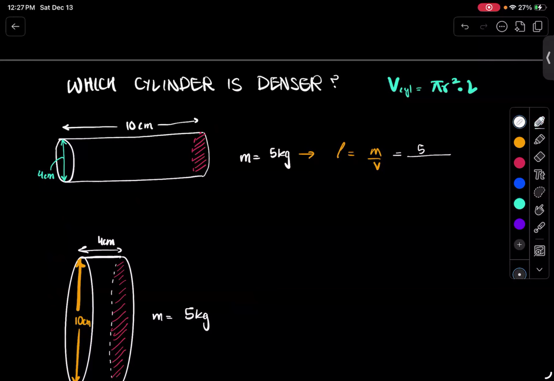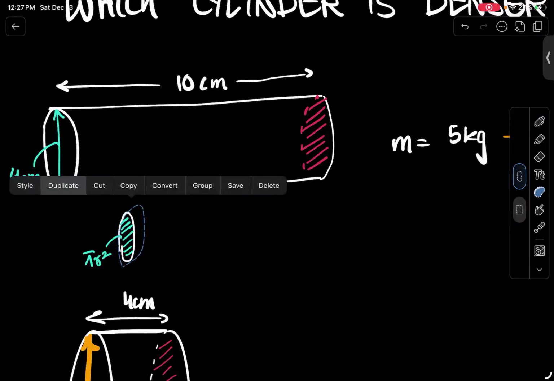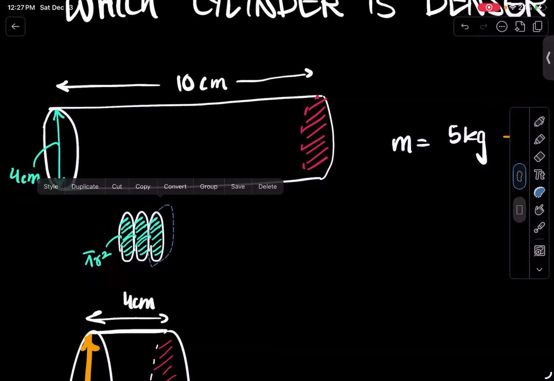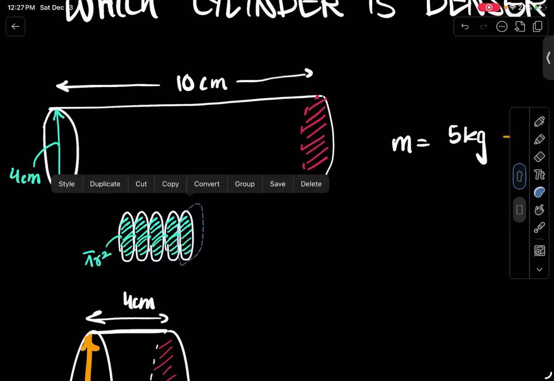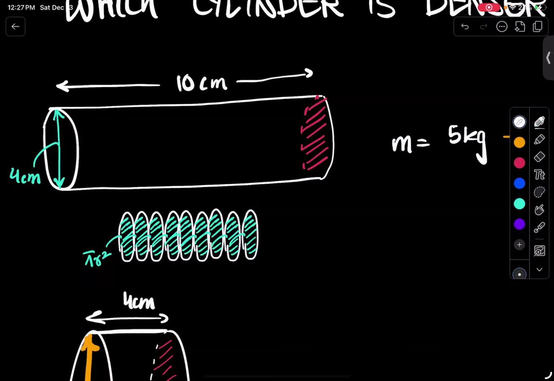Okay. Why? Because, think about it. If you have a cylinder, what is the surface of that cylinder? It is a circle, right? So the area of a circle is pi r square. And if you multiply that times the length, for example L, and you keep doing that over and over again, then isn't this basically a cylinder, right?